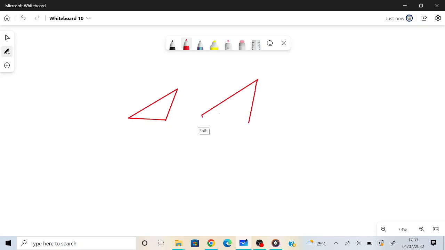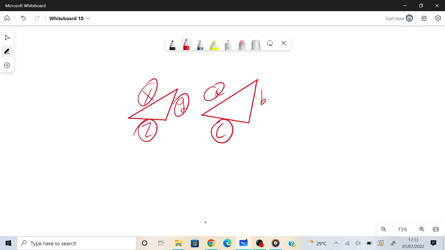And I have my sides, the length of the side. Let's say this is x, this is y, this is z, and then let's say this is a, this is b, this is c.